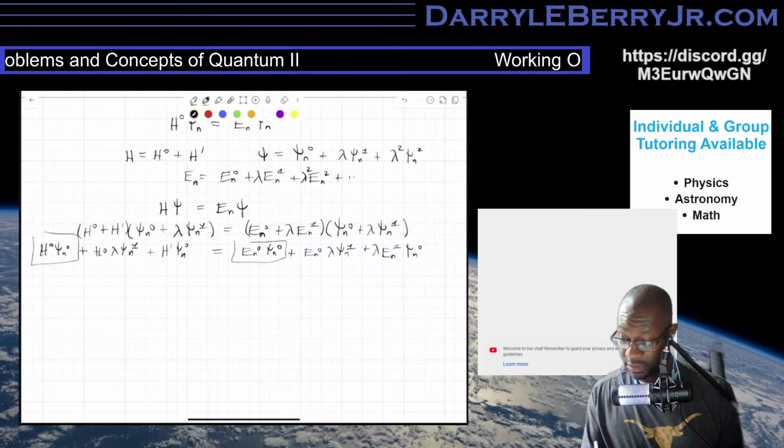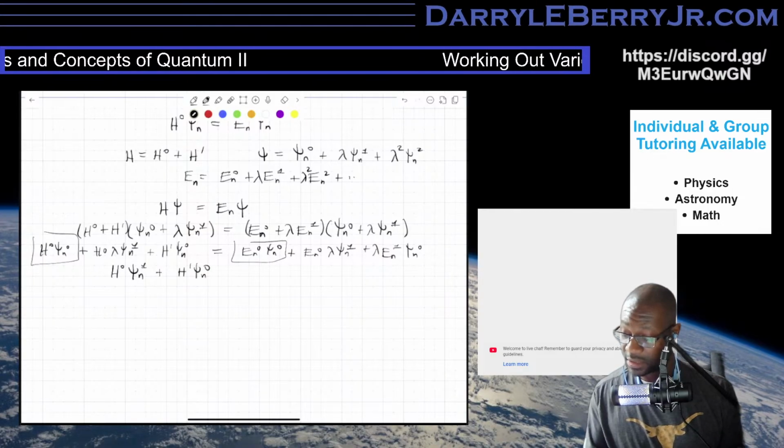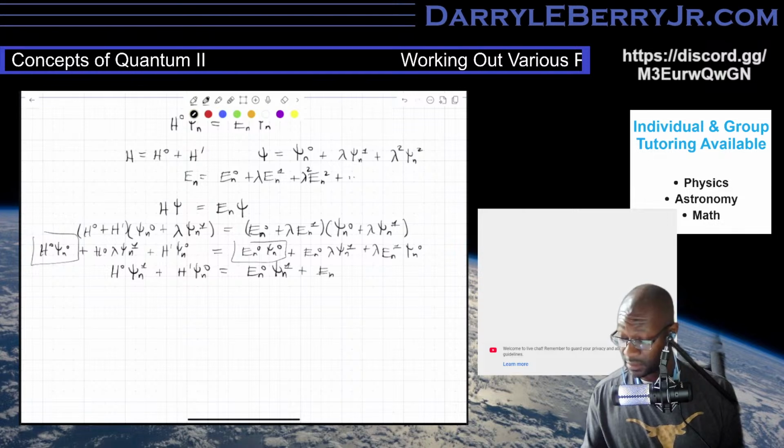So we have what the book has to start with: H naught psi n1 plus H prime psi n naught equals En naught psi n1 plus En1 psi n naught.